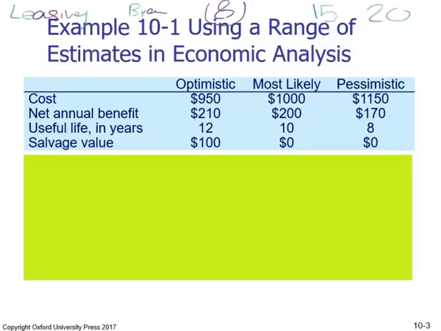Maybe it increases to 20 years, in comparison to sometimes 5 years, 6 years. So it changes a lot. And when it says useful life in years, 12 years in comparison to 8, that's the reason it is optimistic. Because it creates more income, more benefit for the fixed amount of money that you have paid here. And the salvage value, optimistic, is higher because it's income.